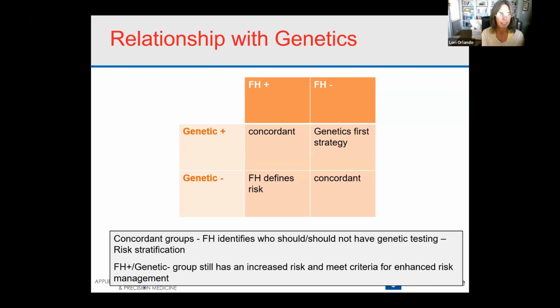In that case, the family history is not helpful, and you would want to do genetic testing first as your strategy for risk assessment. Or you could have a group where the family history suggests that there's an increased risk of disease, but when you do the genetic test, it doesn't identify a pathogenic variant. In that case, the family history is going to define the individual's disease risk. So next slide.